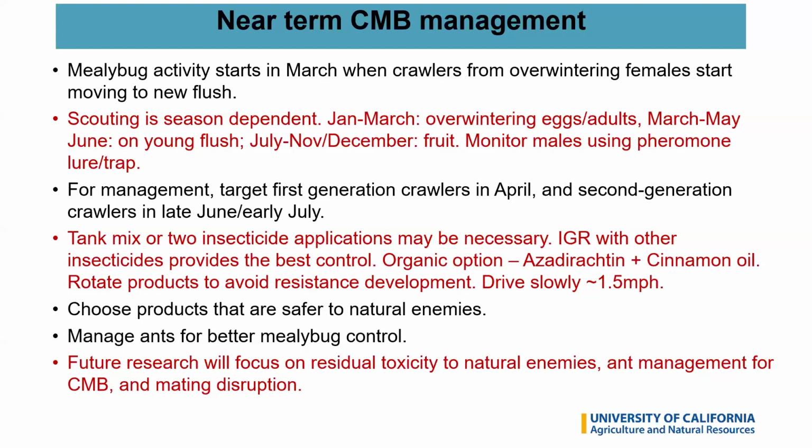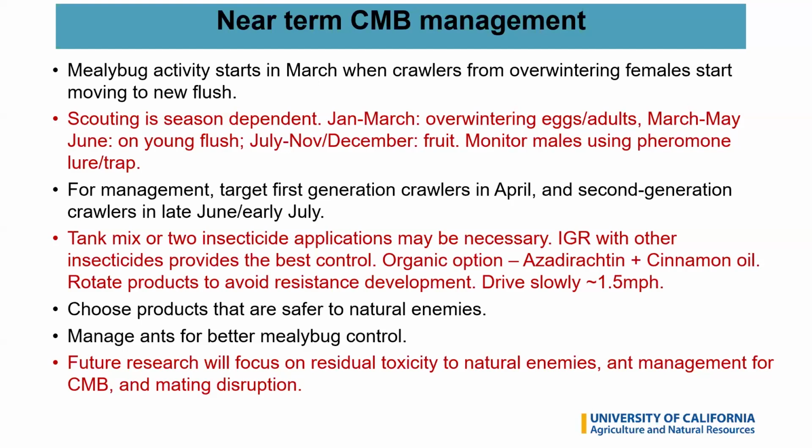From pesticide trials, 2 applications may be necessary. You could either tank mix 2 products, insect growth regulator with an insecticide that provides a good control, or you could do 2 applications within a period of 2 to 3 weeks. Organic options, azadirachtin, cinnamon oil works fairly good. Lime sulfur works really well.